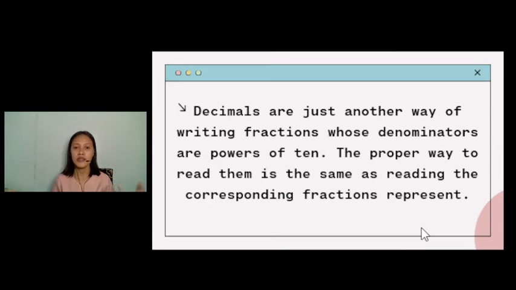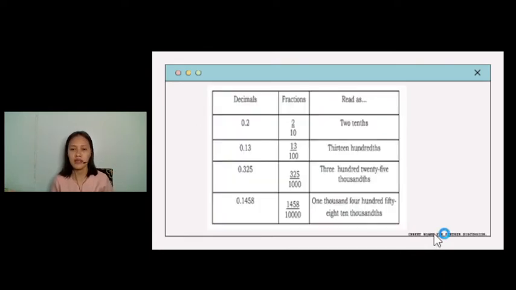Fraction can also be expressed in a decimal. Vice versa, pwede natin sila parehas gamitin. For example, let's say I have in decimal 0.2, in a fraction form, that is 2 over 10. It is read as 2 tenths. Kung mapapansin niyo, just simply read it as if you're reading a whole number and then i-affix lang natin yung digit of our last digit.